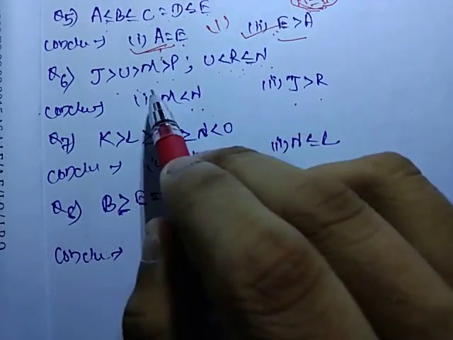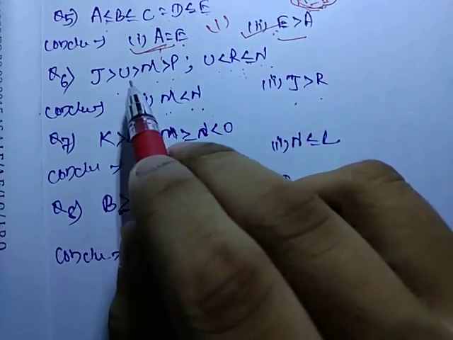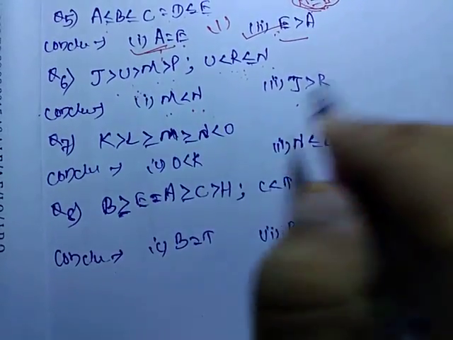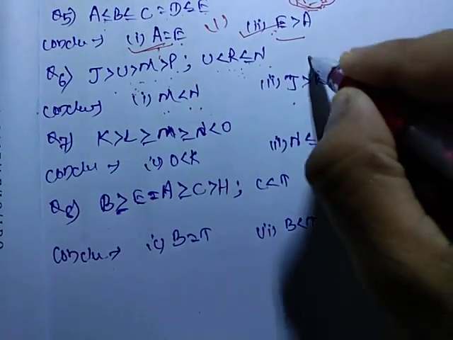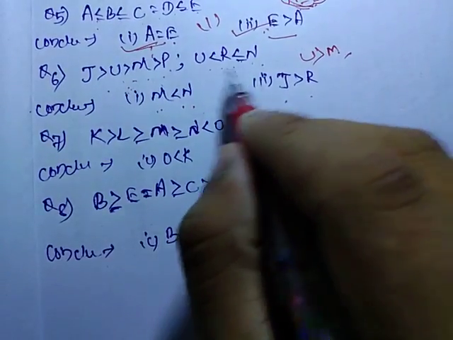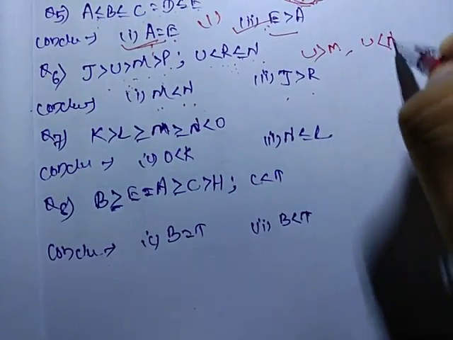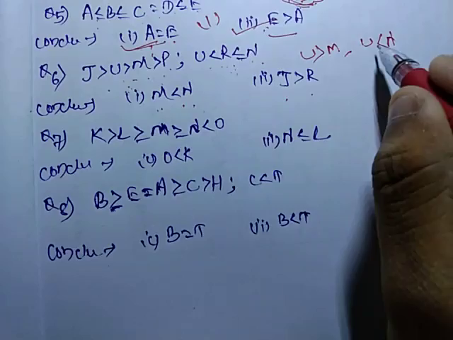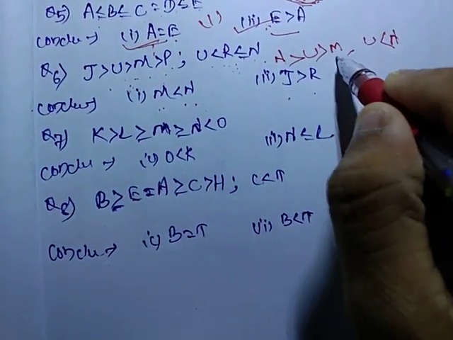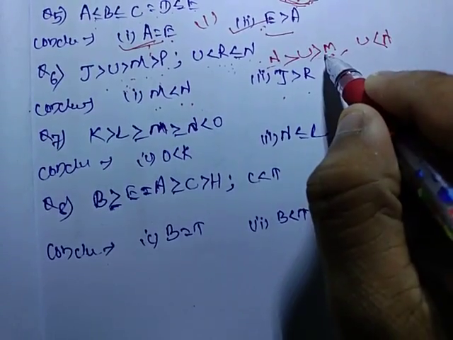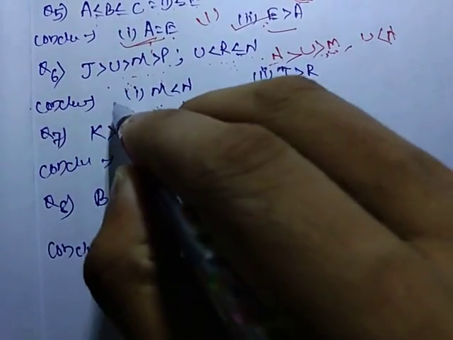We obtain this relation by u, because u is common in both. U is also greater than m. Next, from this statement, u is less than n. So from this, m is less than n is true.